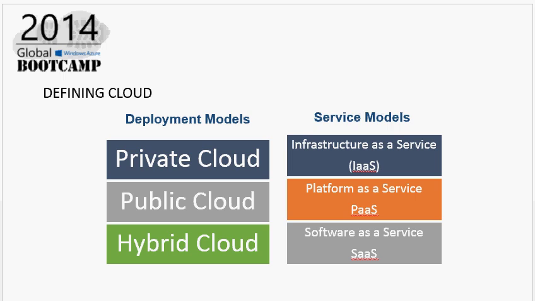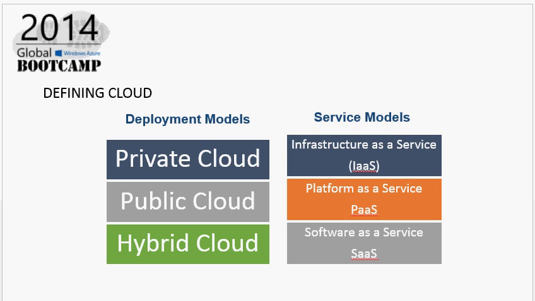Now, it's a combination between a private cloud and a public cloud, where some of the core business logic is probably stored within the company or within a private cloud, and some services are stored within the public cloud itself.